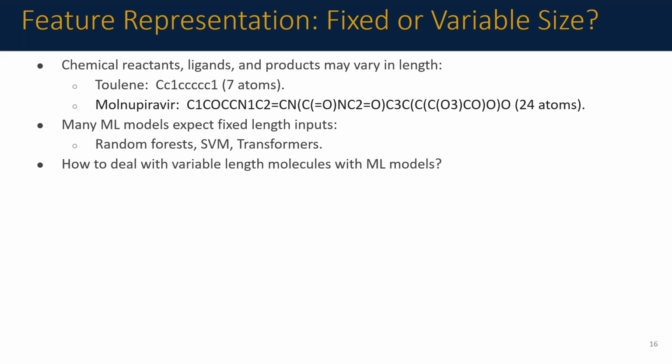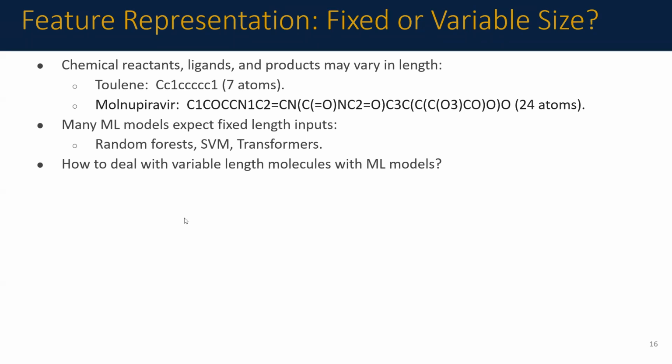So here, just as an example, we show toluene with 7 atoms, and molnupiravir, which some of you may be familiar with. It showed good results, I think, against COVID. In that case, it's got 24 atoms as opposed to 7. So a question might be, how would we input molecules of different length to a machine learning model that's expecting a fixed size input?